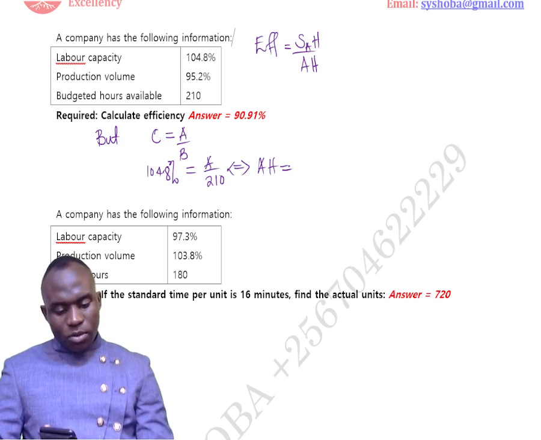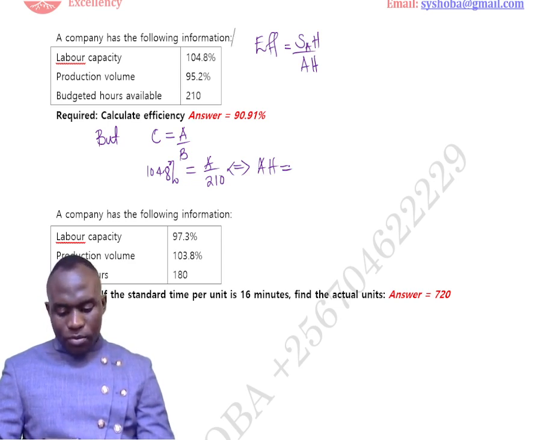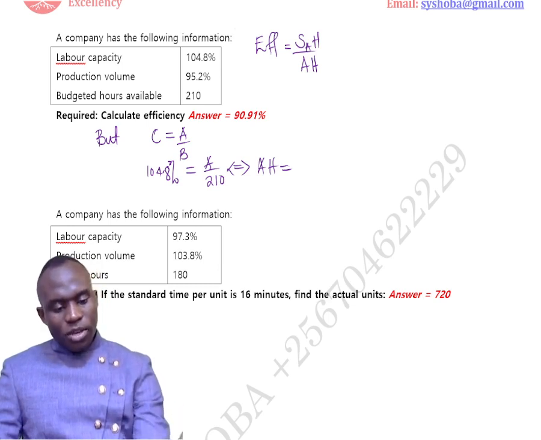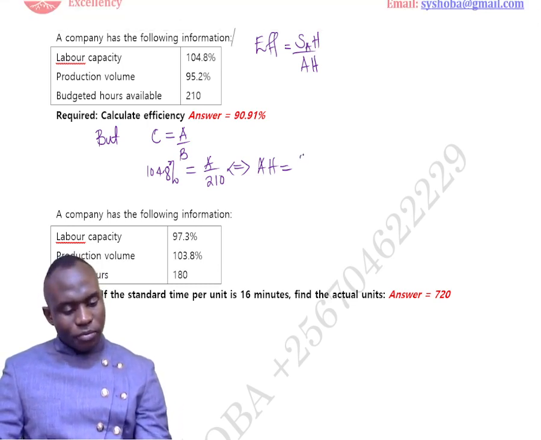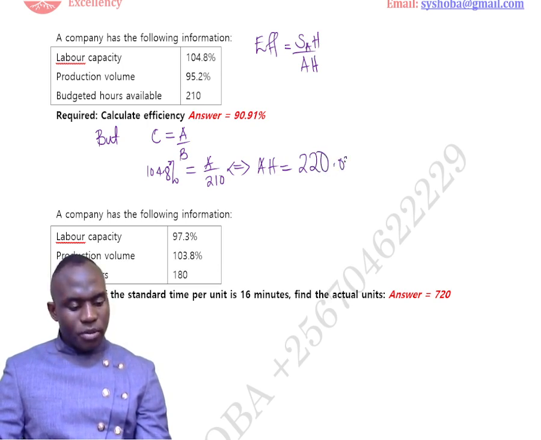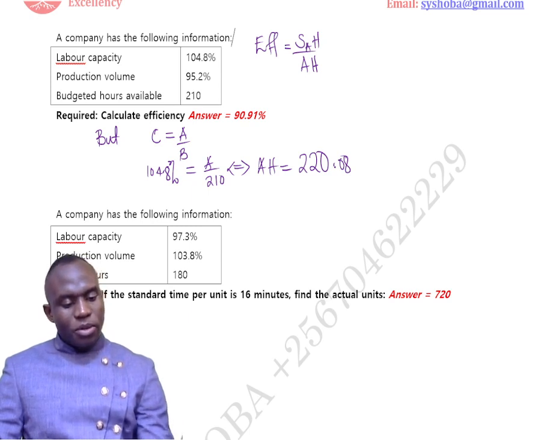So it is 104.8 shift percent is equal to alpha x divided by 210, shift solve, and equals. So when you place equals, you get 220.08. So it is roughly 220. So it means now we have actual hours.